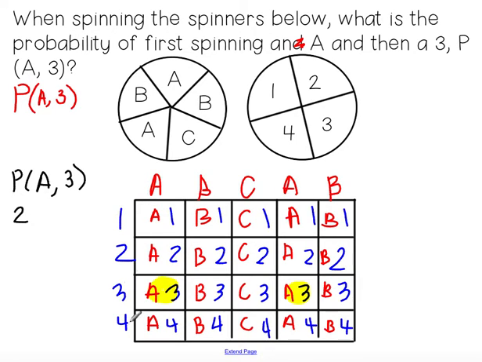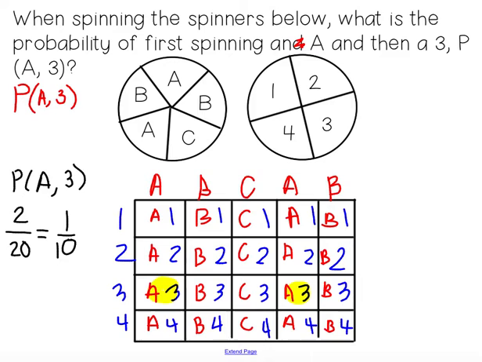We have a 5 by 4, so that's 20, so 2 out of 20. But I see that I can simplify that answer. I can divide by 2 and I get 1 out of 10, so that is the probability.